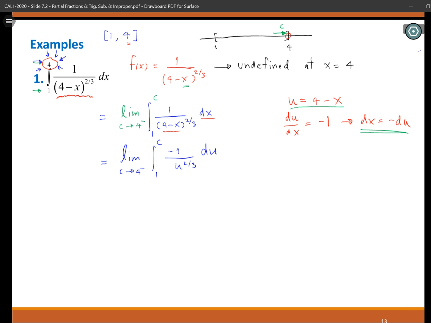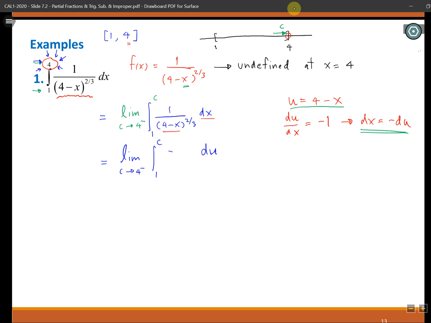Okay, at this point I want to save some space, so I'm going to move this u to the power of 2 over 3 from the denominator up to the numerator to avoid this form of fraction. So I'm going to erase this. It used to be u to the power of 2 over 3 in the denominator.